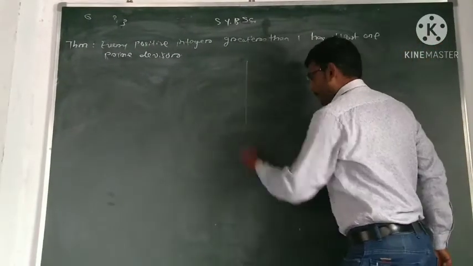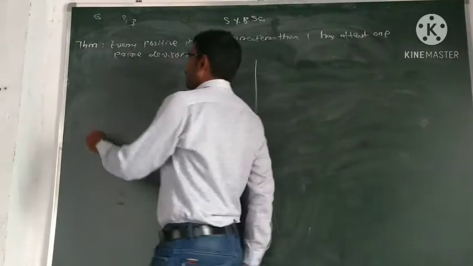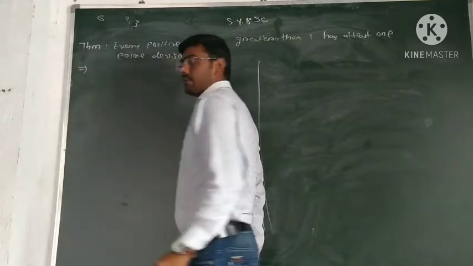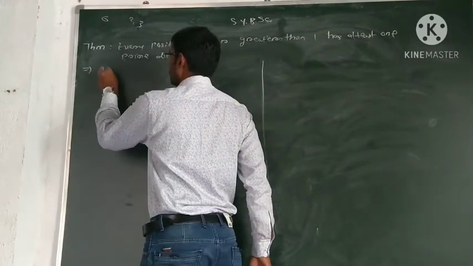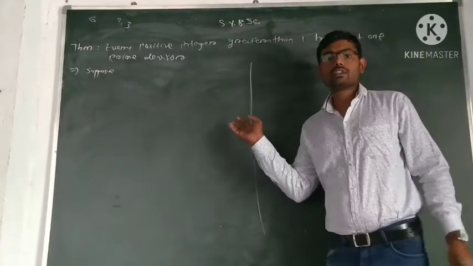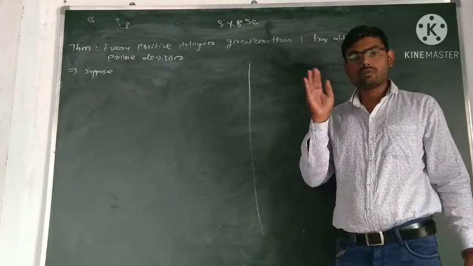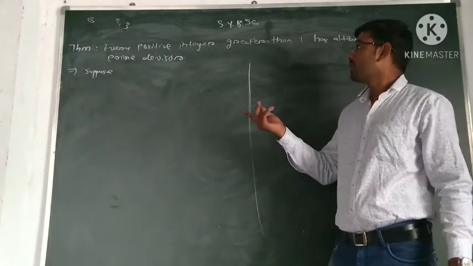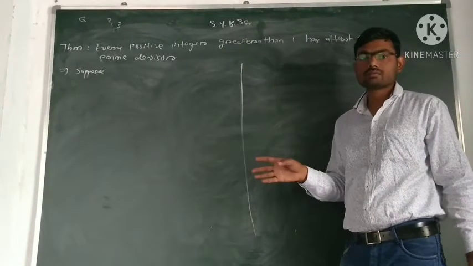Okay. So the proof is simple. We will prove this by the method of contradiction. So we have to assume the opposite of what we want to prove. We have to prove every positive integer greater than 1 has at least one prime divisor.